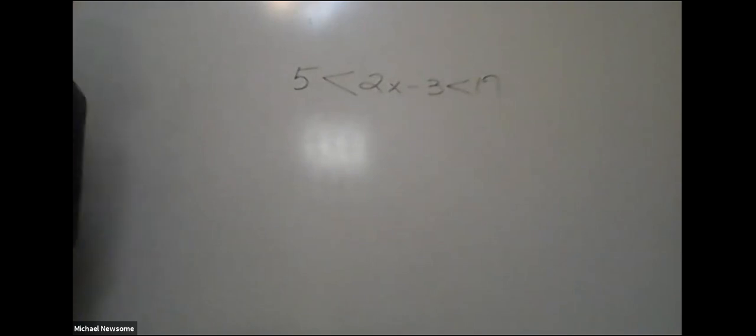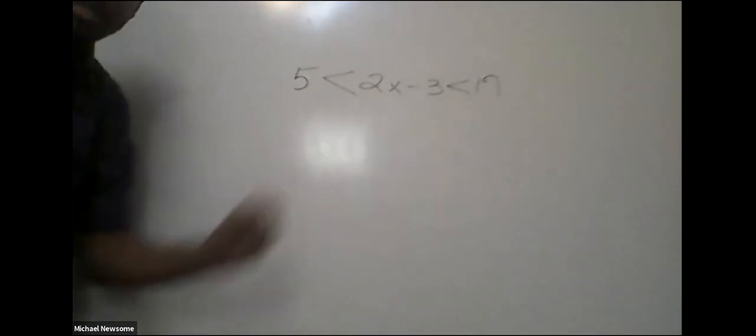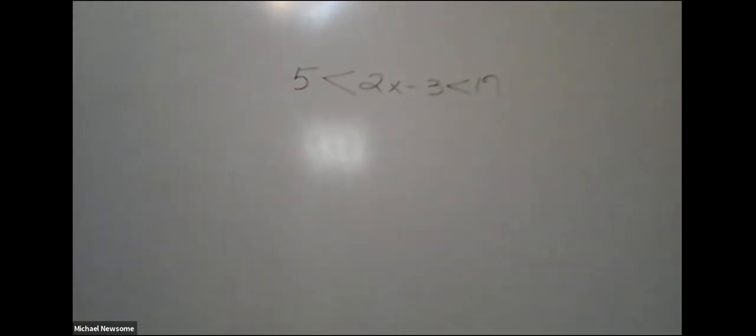Hopefully you can read that. So 2x minus 3 is less than 17. It's a little bit blurry probably, but I'll try to do the best I can.